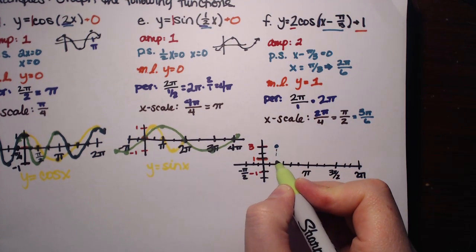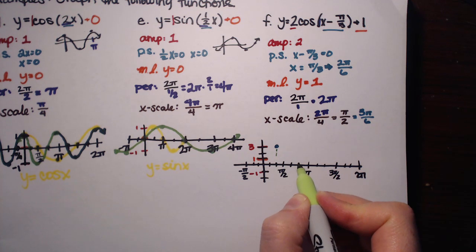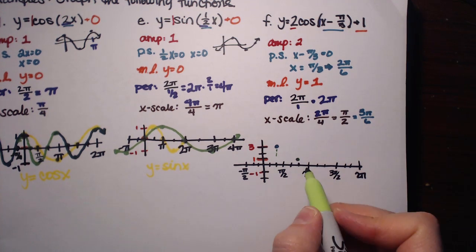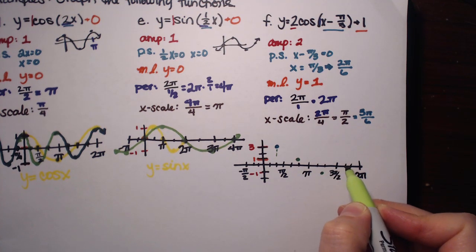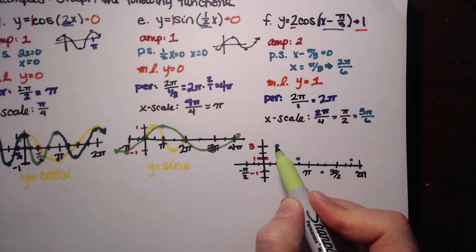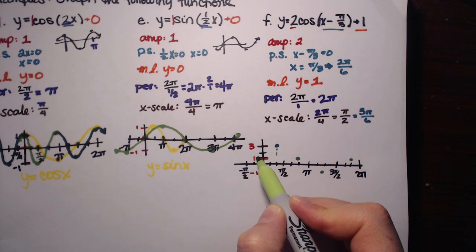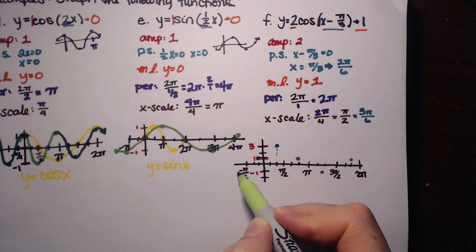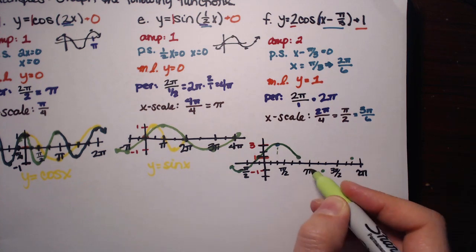So if that's where we're at now, I have to go 1, 2, 3, 1, 2, 3, 1, 2, 3, 1, and then I'm off the graph. So I'm going to go backwards. 1, 2, 3, 1, 2, 3. We'll just put it there. So that's the graph now.